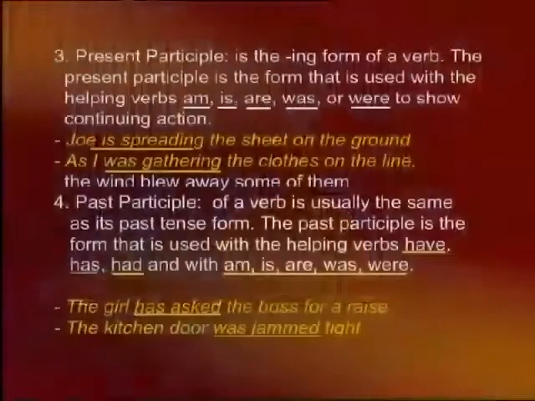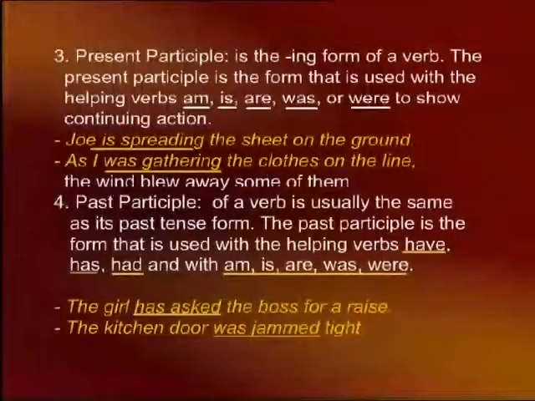And the fourth one is the past participle. The past participle of a verb is usually the same as the past tense form. The past participle is the form that is used with the helping verbs have, has, had, and with am, is, are, was, were.